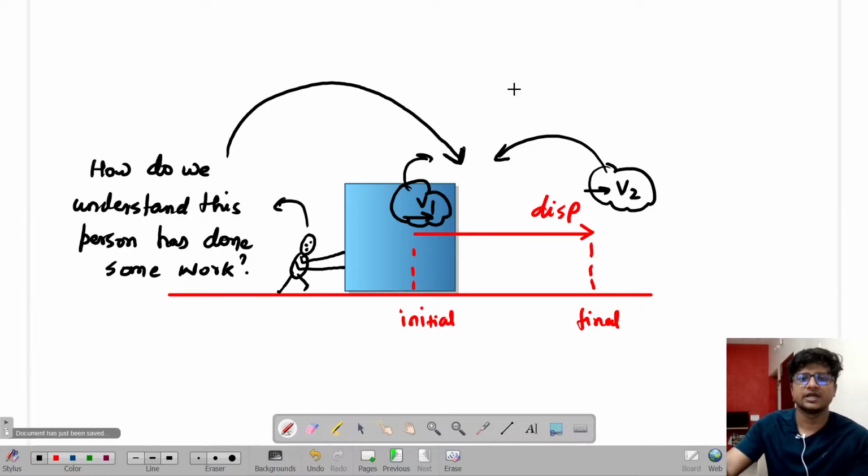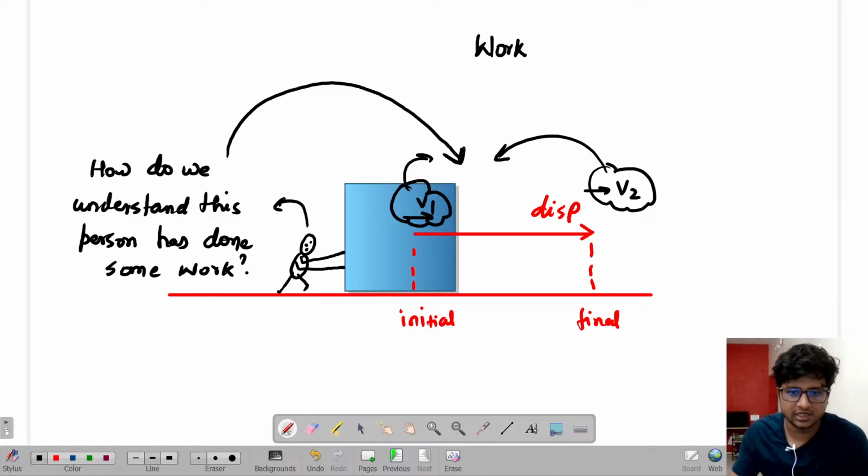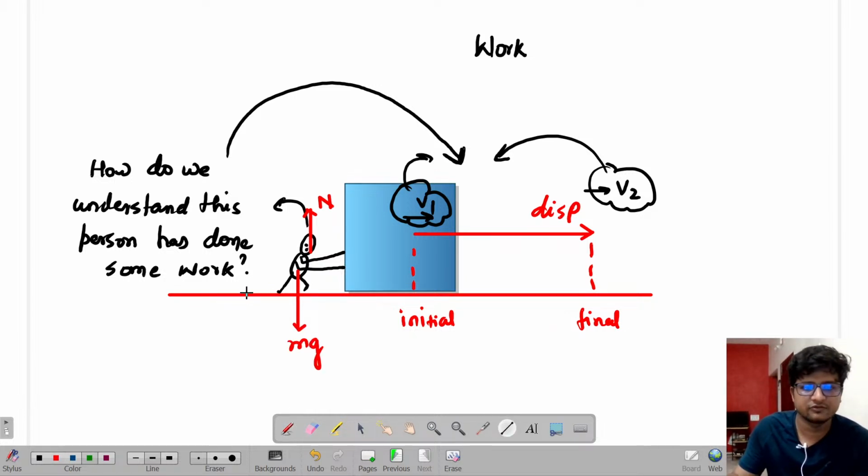So this is why I said work done by all the forces. You look over here. Here there are how many forces? Normal, then weight of the body, correct? Then friction, then external force. So many forces are present, correct?